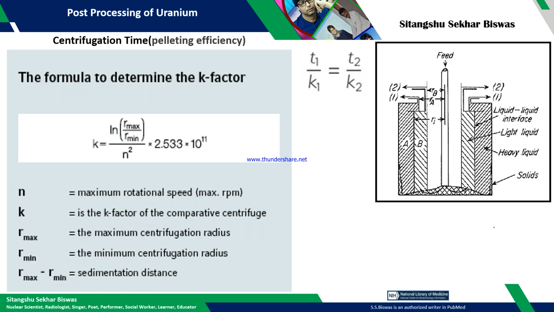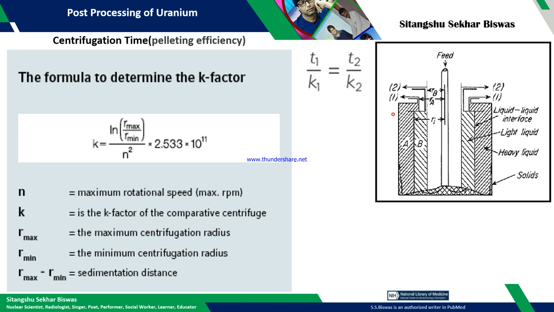That is predicted by what is called the centrifugation time, pelleting time or pelleting efficiency. It is determined by an experimental method. It is defined by a formula called the K factor, or the pelleting efficiency.